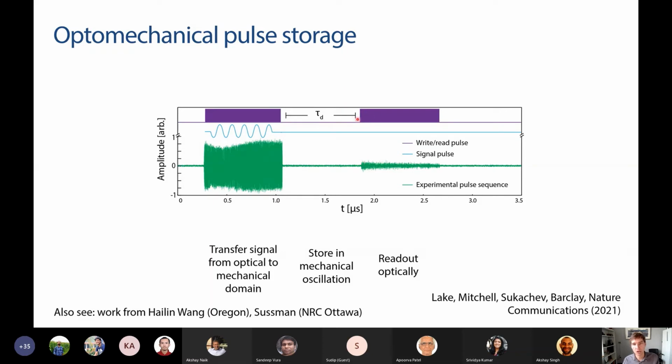We then turn on our strong field, and that motion modulates that strong field in the cavity, and creates a sideband which contains the same coherent information that we input at the beginning of our experiment. And what you can see is that the time scale over which we're doing this experiment is on the order of a microsecond, which on optical timescales is quite long. So we're making a microsecond memory for light using these mechanical devices.